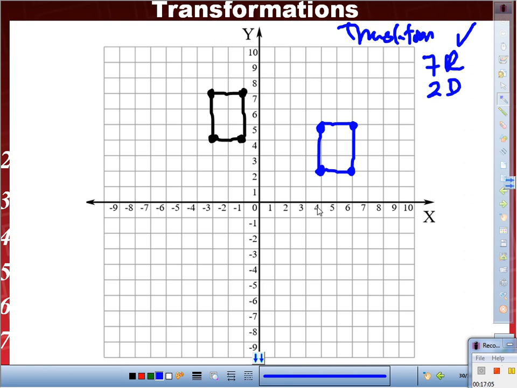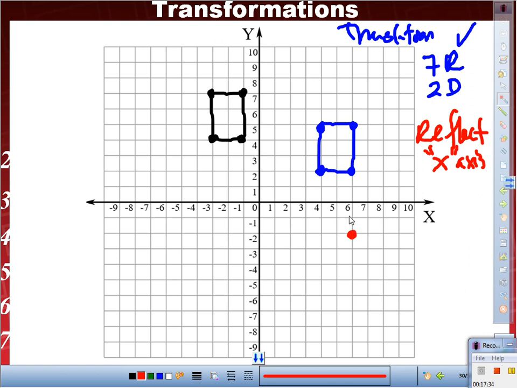Now we're going to do a reflection. I want you to reflect this image about the x-axis. How do we do that? Well, let's see. Here's our x-axis. This is our mirror. How many steps is this point away from the mirror? That means I can go 2 points the other way, and here's my point.